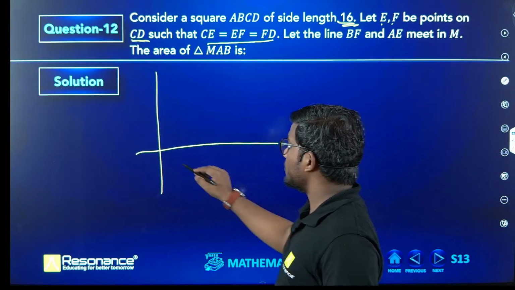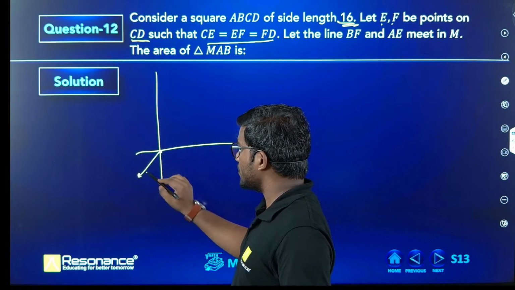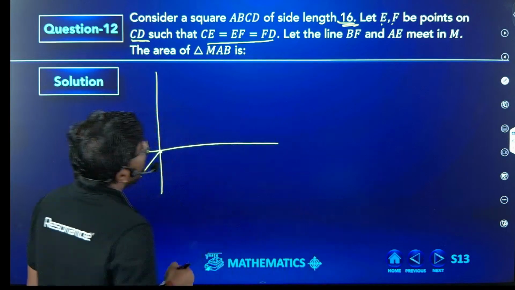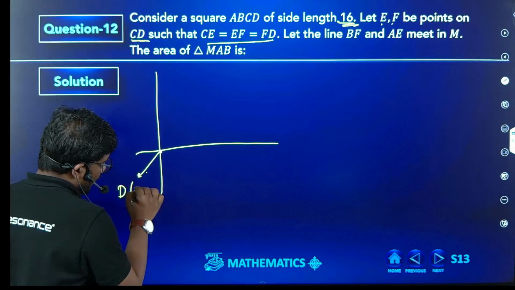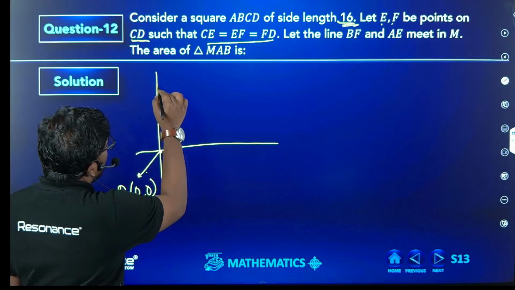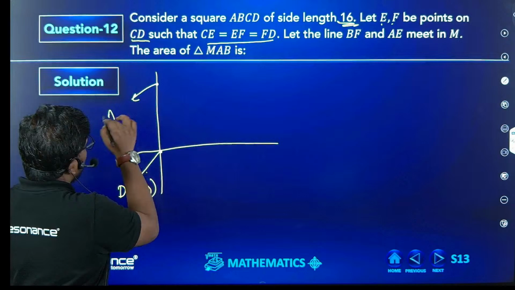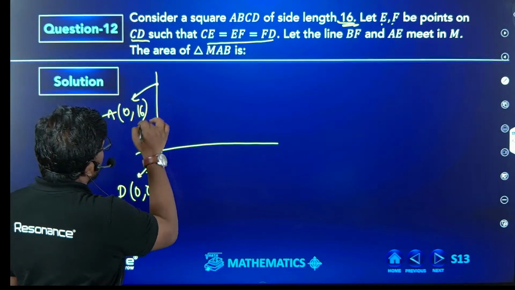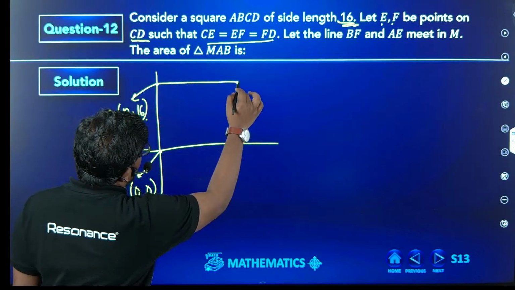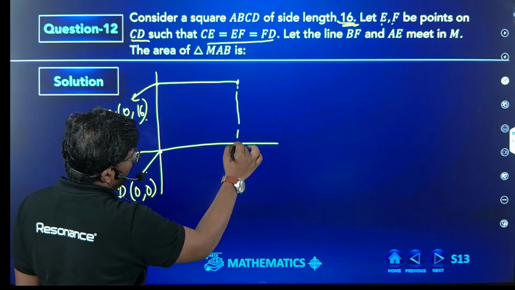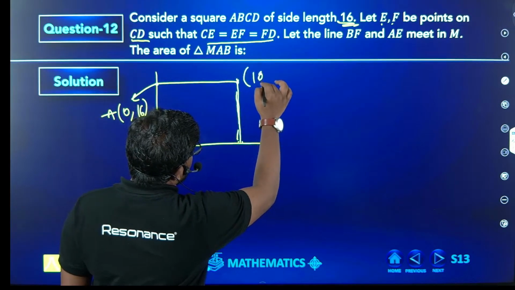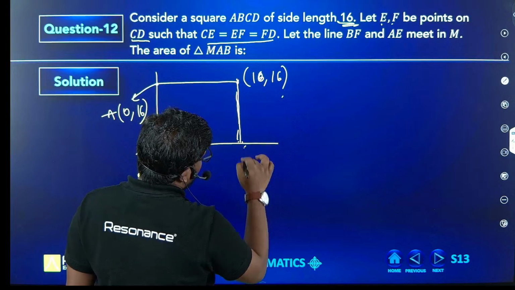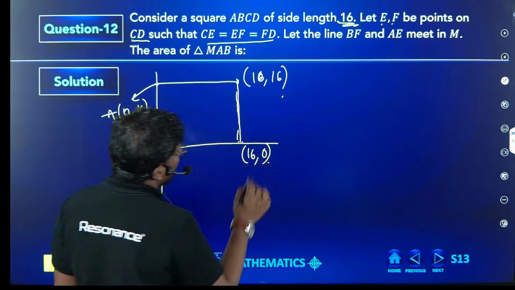Now since I'm more comfortable with coordinate geometry, I'll take D as (0, 0), A as (0, 16). Now this is (16, 16), and this part would be (16, 0).